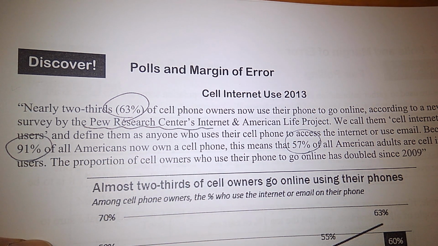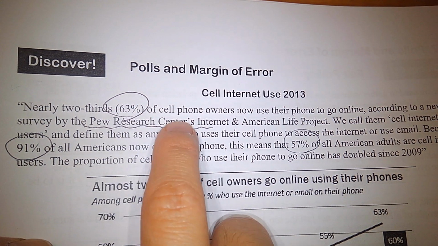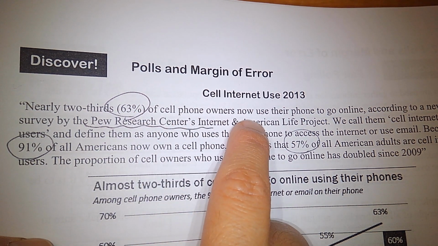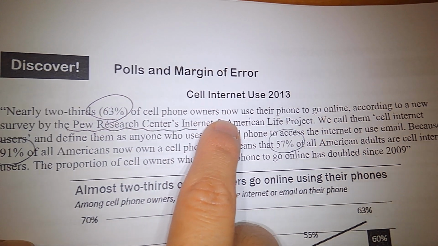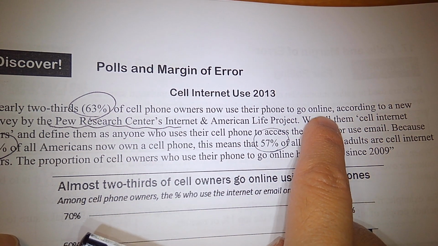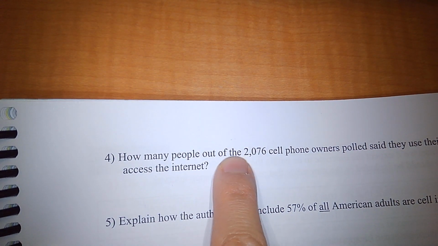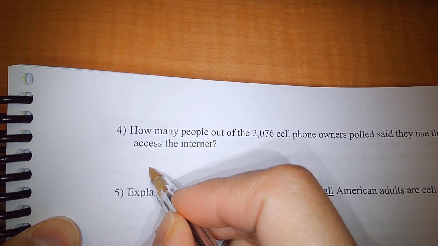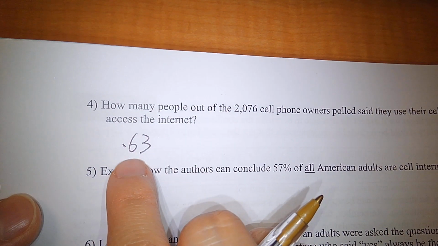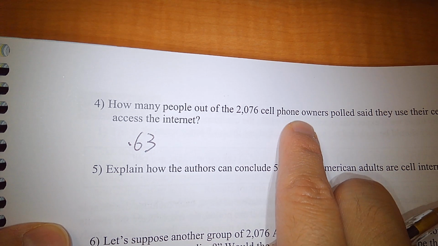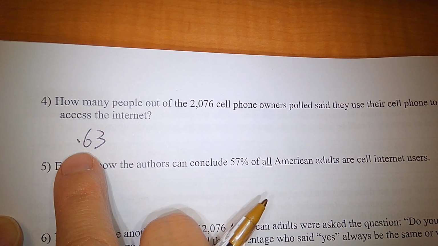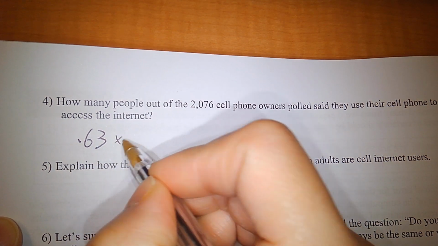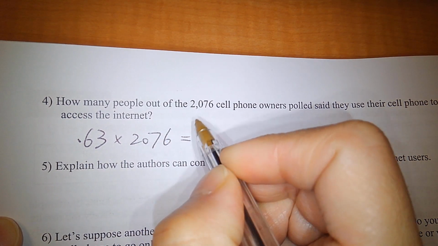Now in question 4, it says, out of those people who have a cell phone, 63% of those cell phone owners use their phone to go online, right? So which percentage should we use? Out of cell phone owners, 63%. So we would say 0.63 times what? 2,076.